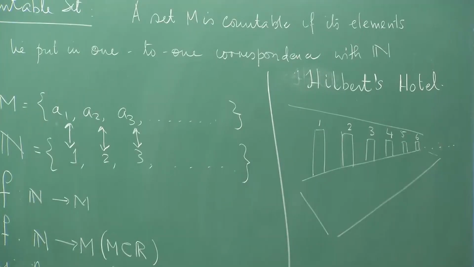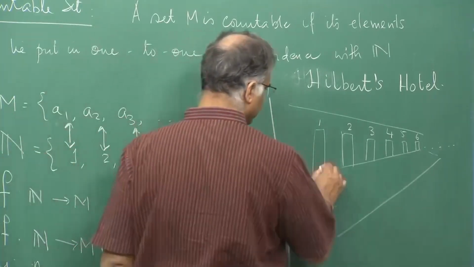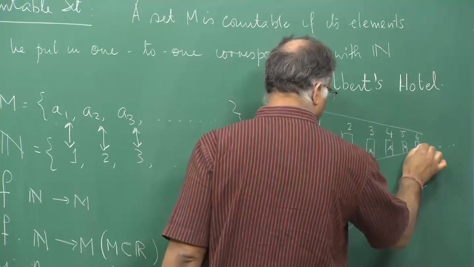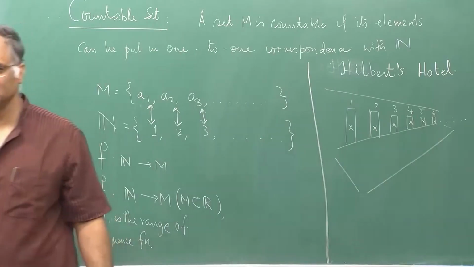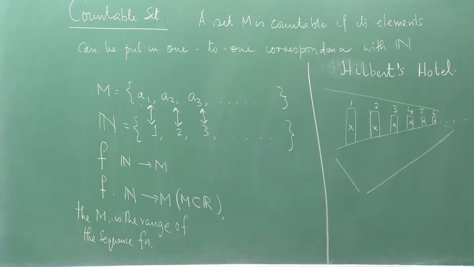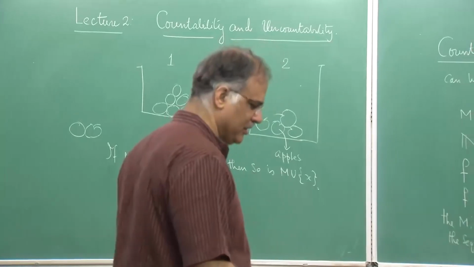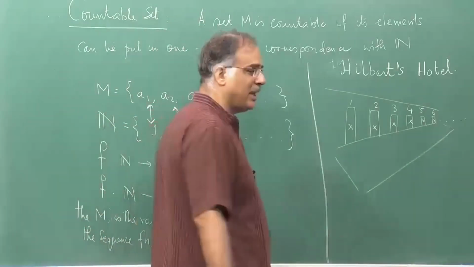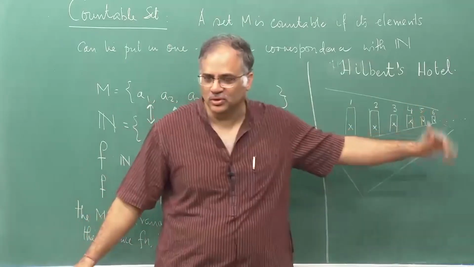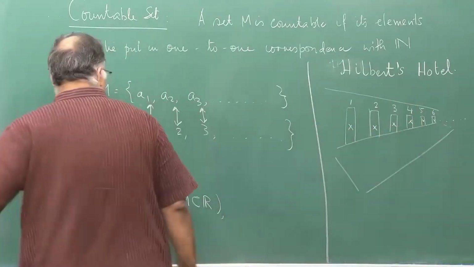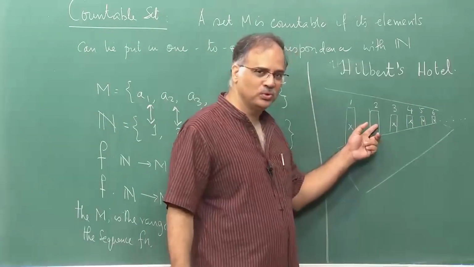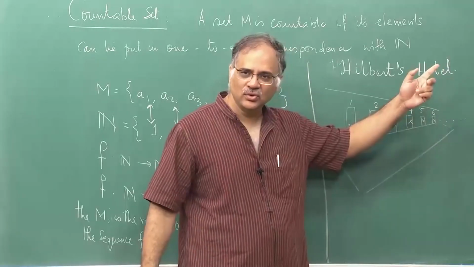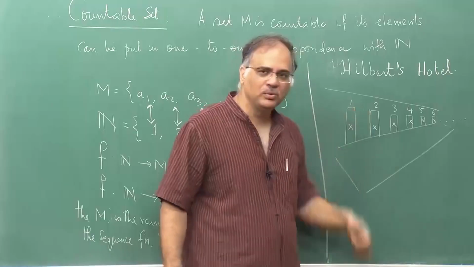Now suppose all these rooms are filled. And then another guest arrives, who is supposed to be a mathematics teacher. He says that he wants a room. The manager says, oh sorry, we are completely booked. He says, don't worry, just shift the person in room 1 to room 2, room 2 to room 3, room 3 to room 4, room 4 to room 5, and so on, so that room 1 would become empty for me.